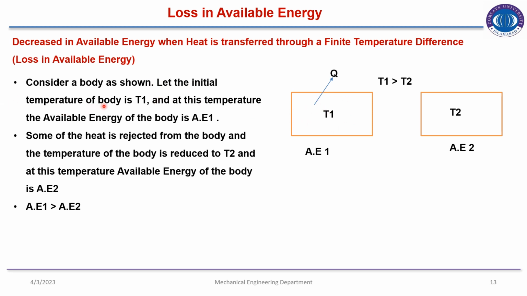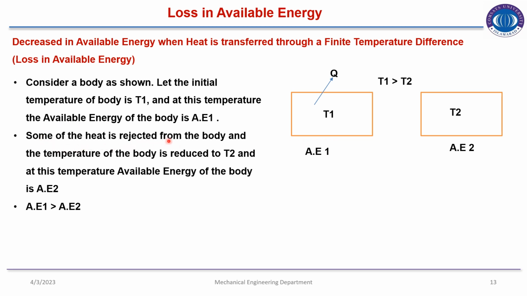Let the initial temperature of the body be T1, which you may take as 100 degrees centigrade. At state 1 the temperature of the body is T1, and at that temperature the content of available energy of the body is AE1.